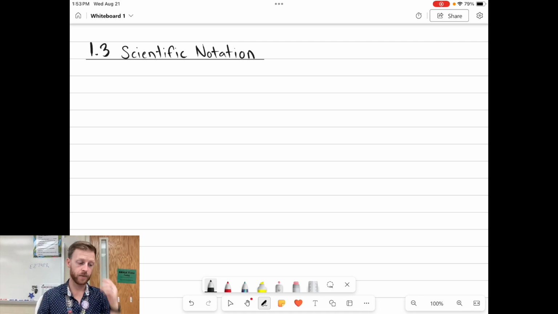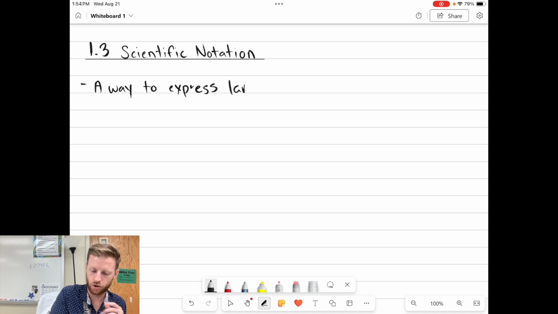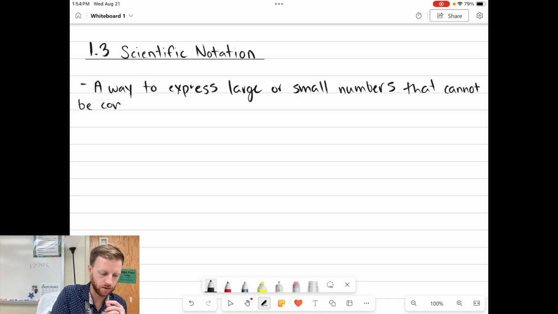So, when we talk about scientific notation, like I just said, scientific notation is a way to express large or small numbers that cannot be conveniently or easily written because of their size.